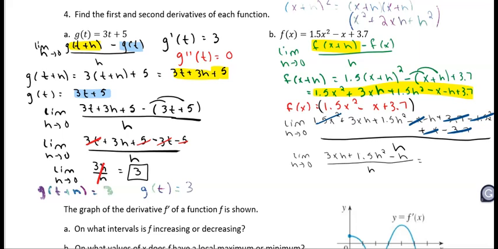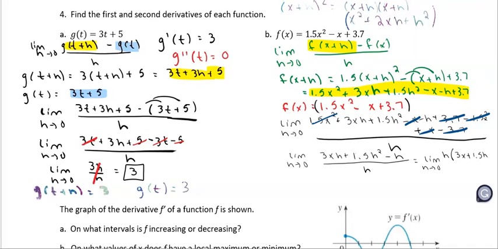So this, we need to pull an h out. So we have the limit as h approaches 0 of h times 3x plus 1.5h, and then when you factor an h out of the minus h right here, it just becomes minus 1, all over h. H over h cancels.